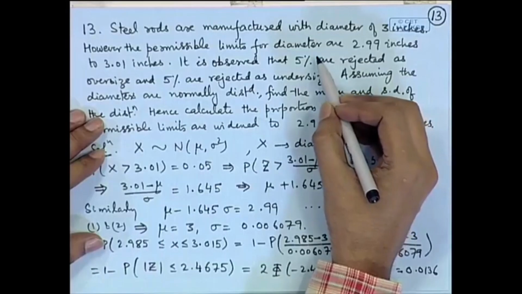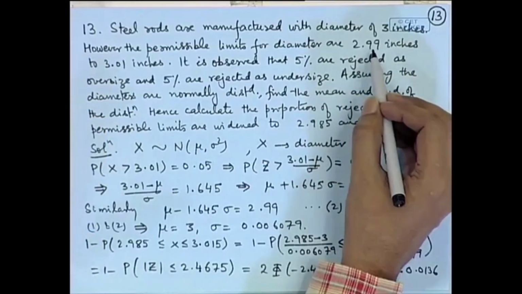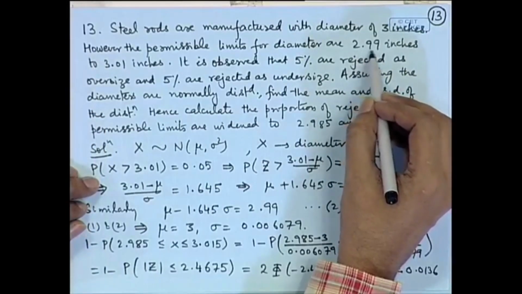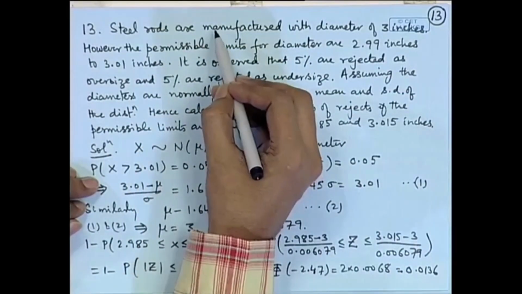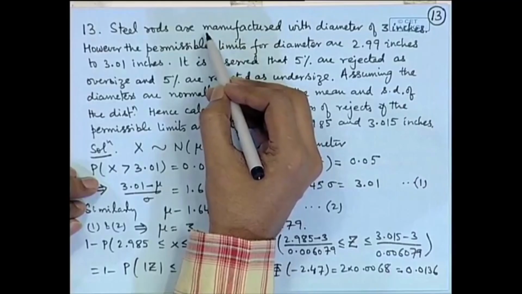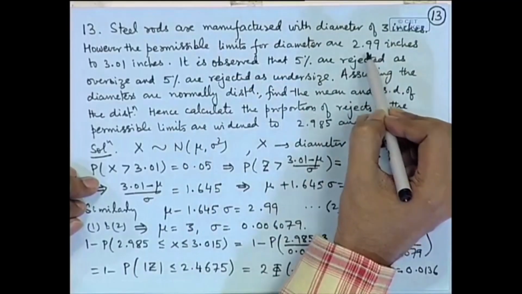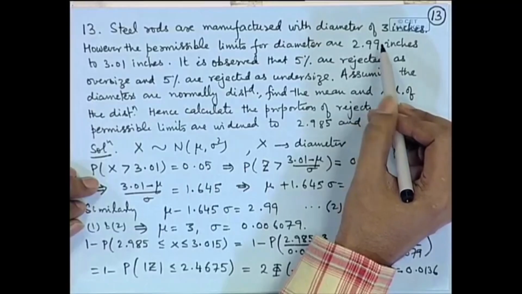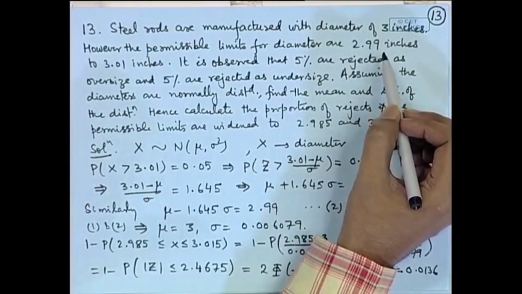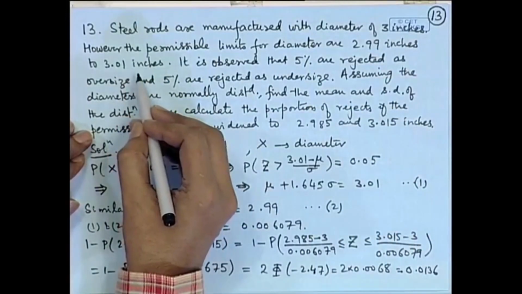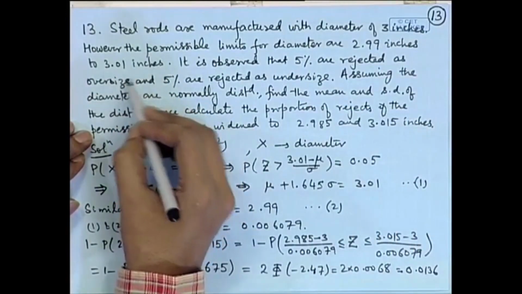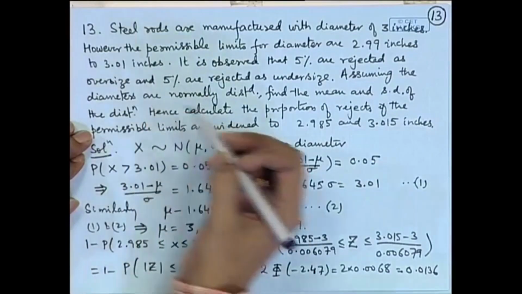So, the permissible limits for the diameter are taken, for example, from 2.99 inches to 3.01 inches. That means, if a rod's diameter turns out to be less than 2.99, it is not considered to be meeting the specification. If it is more than 3.01 inches, then also it is not meeting the specifications.